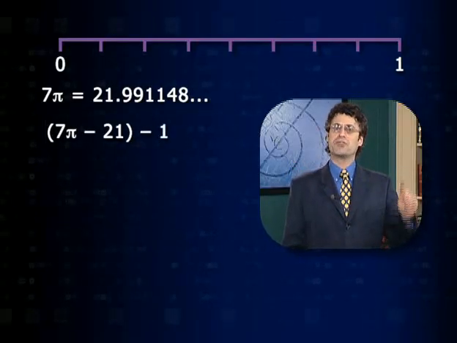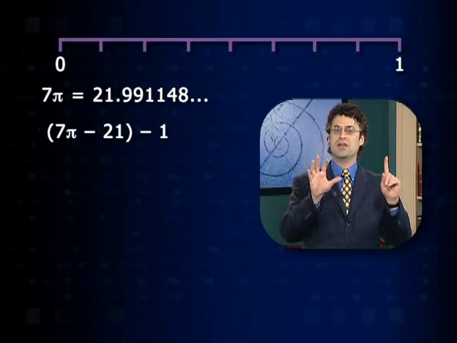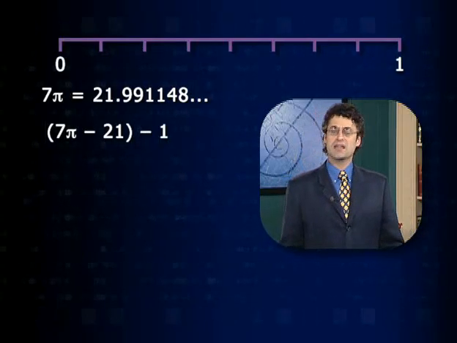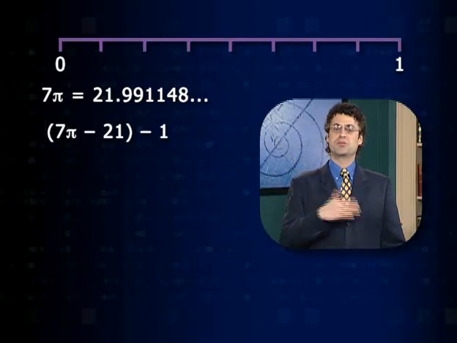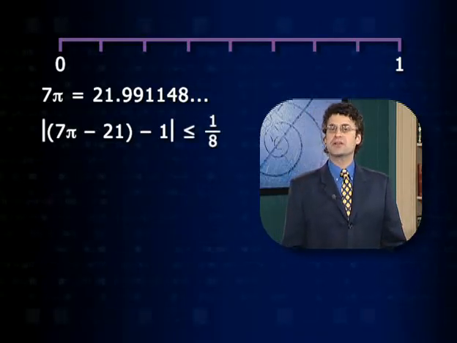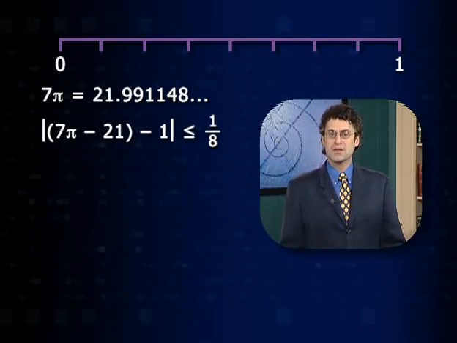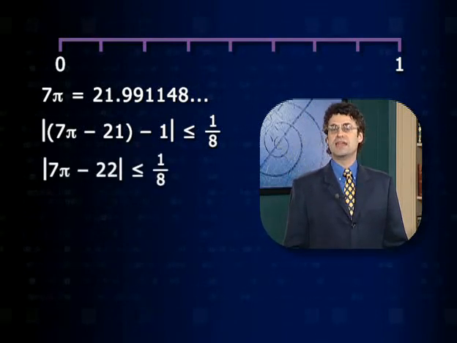And then we subtract off the 1, because we're looking for the distance between the fractional part and 1. So we take the 7 pi, subtract the integer part, so it's minus 21, and then look at the difference between that and 1. In absolute value, that must be less than or equal to 1/8. Well, minus 21 minus 1 is actually negative 22.